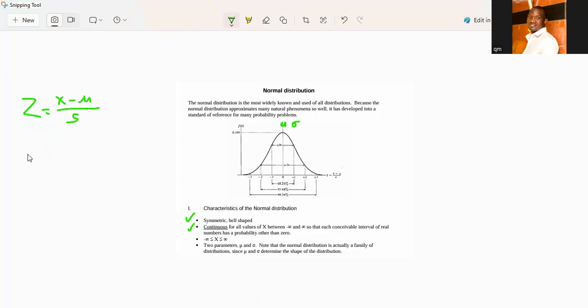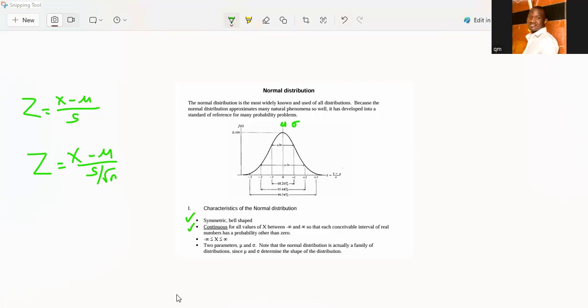If you are given a sample size, Z calculated is equal to X minus mu over the standard error. Standard error is simply our standard deviation over the square root of n. This is a very key formula that we're going to look at.